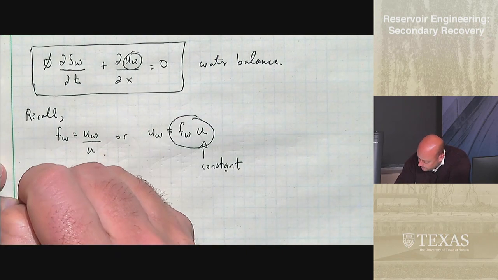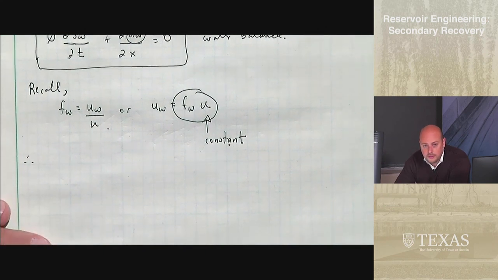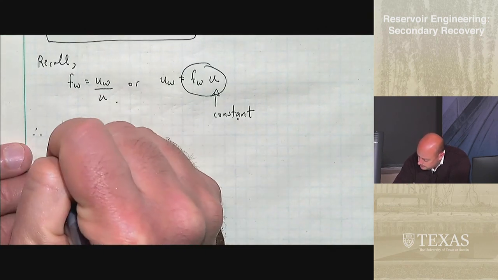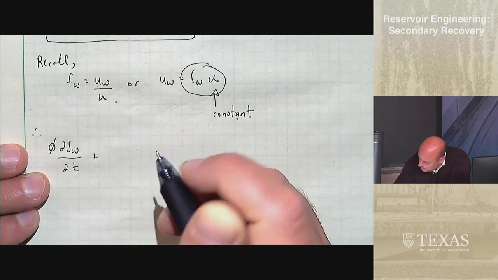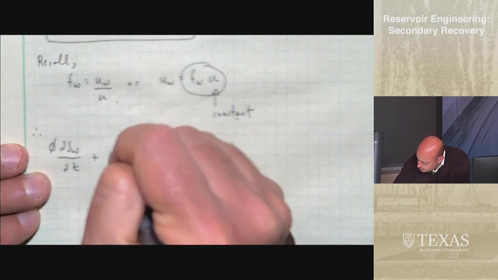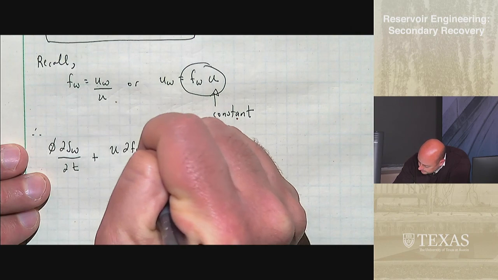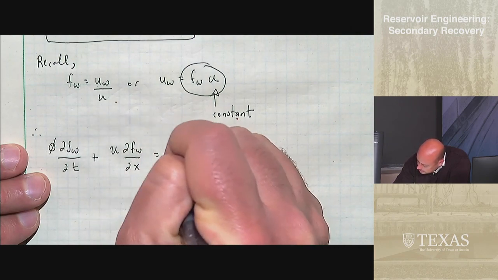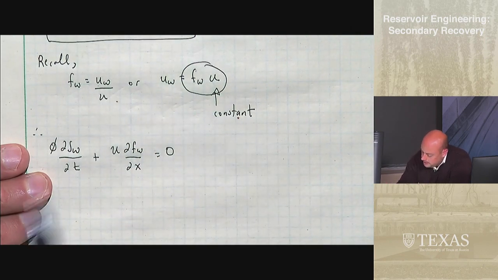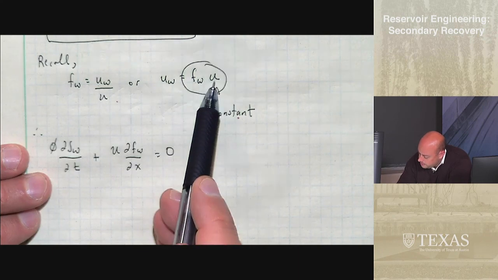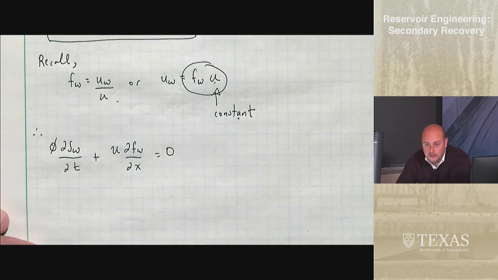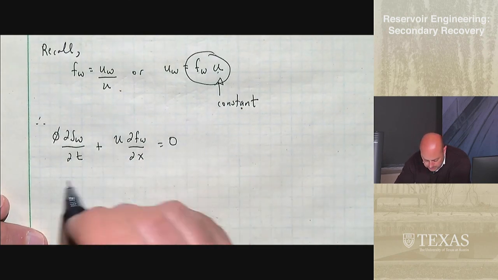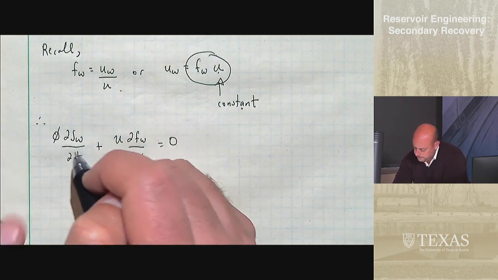So now, I'll say therefore, that's what those little three dots mean, phi dSW/dt plus U dFW/dx is equal to 0. All I did is replace UW with FW times U. I recognized that U was a constant, so I could pull it out of the derivative. And so this is my new form.